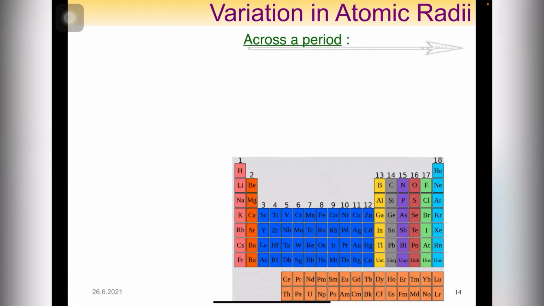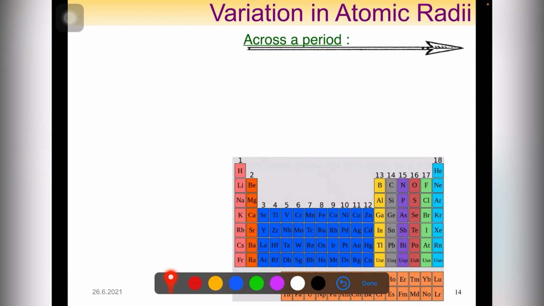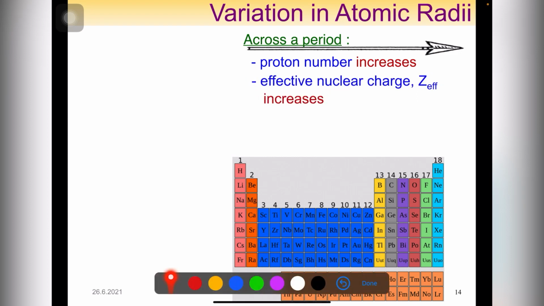Okay, this is a summary for the variations in atomic radii. Across a period, I told you that the main factor that affects the atomic radii is the effective nuclear charge, which is caused by the proton number. The proton number increases across the period, so the effective nuclear charge increases.